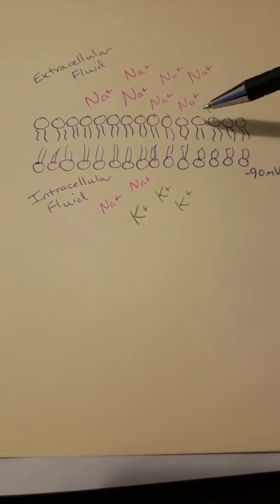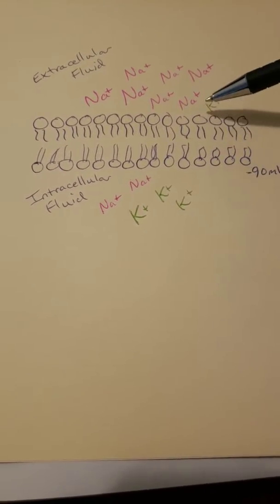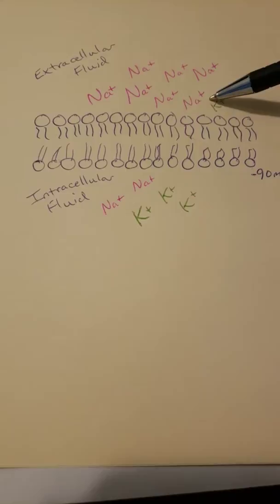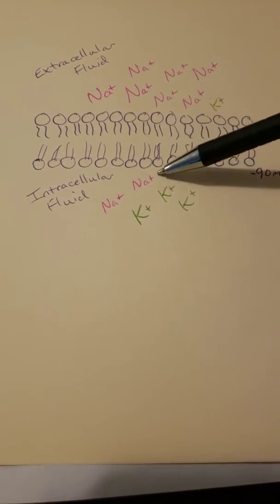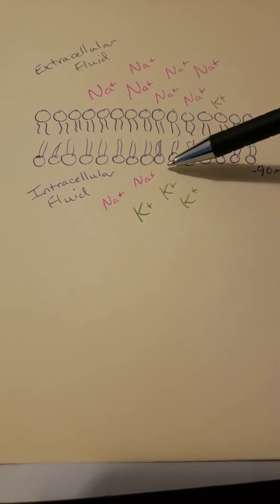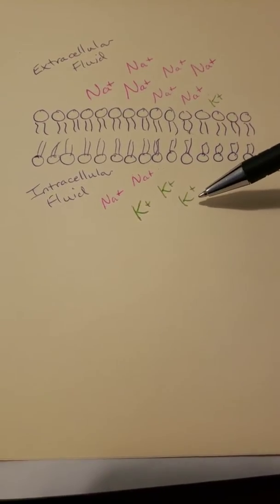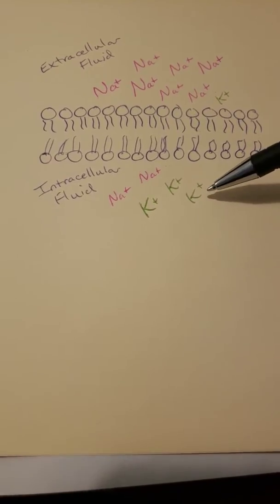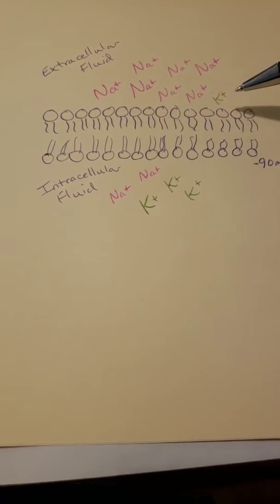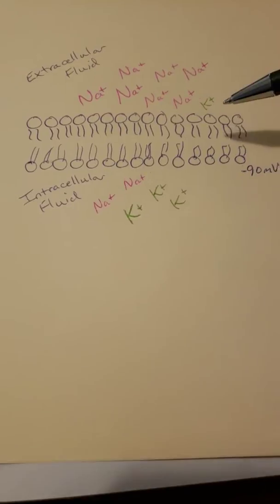Just next to the membrane, we find that there is a greater concentration of sodium ions outside the cell compared to that inside the cell. We also see there is a greater concentration of potassium ions inside the cell compared to potassium ions outside the cell.